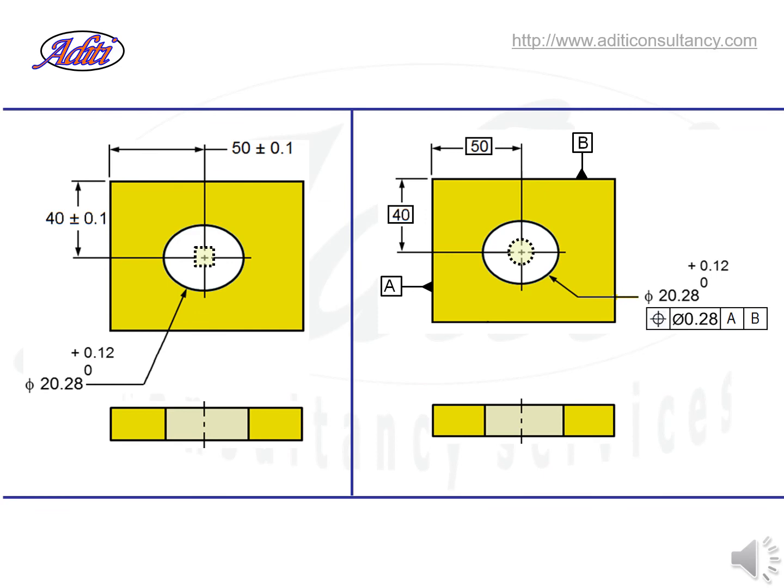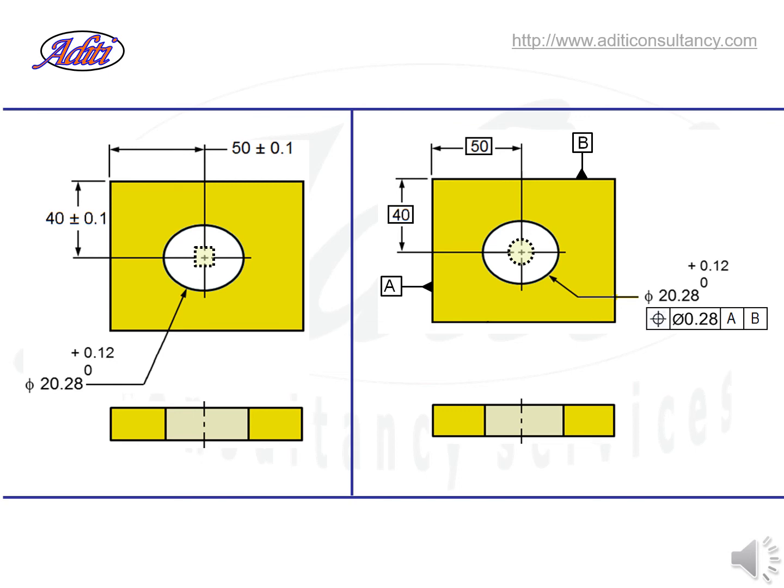Let us try to compare the two drawings without GD&T and with GD&T. As far as controlling the position of the axis of the hole is concerned, the two drawings will look like this. In the first case, the applicable tolerance zone for the deviation of the axis of the hole during manufacturing is a 0.2 mm square tolerance zone fixed with respect to nominal xy coordinates of 50 and 40 mm.